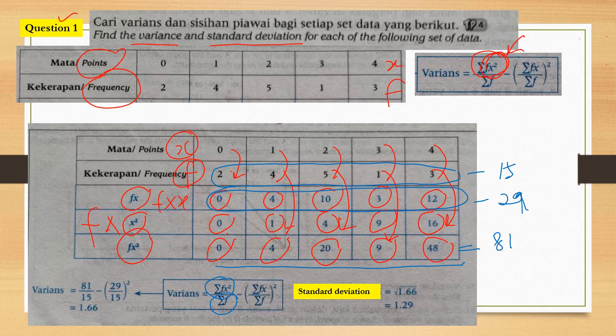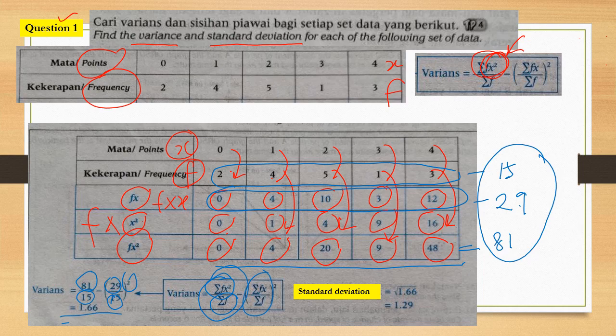So what you do, you take all this and put inside the formula. So 81 over 15 for this one, then 29 over 15 for this one, and then you square it, and you get 1.66. For this part, comment number 3, most of you got 1.67.